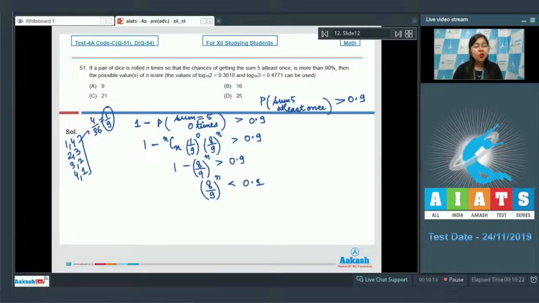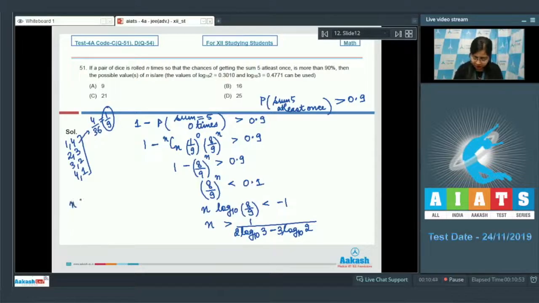So let us take log to the base 10 on both sides. So we will get n into log to the base 10 of 8 by 9 is less than log to the base 10 of 0.1, that is minus 1. So n is definitely greater than 1 divided by log to the base 10 of 9, that can be written as 2 times log 3, minus log to the base 10 of 8, that can be written as 3 times log 2.